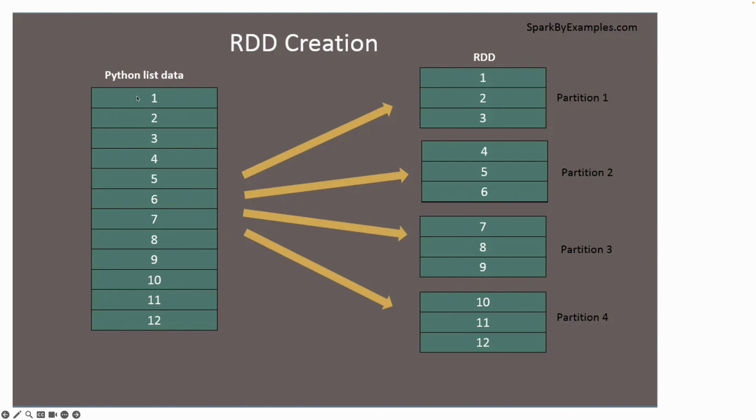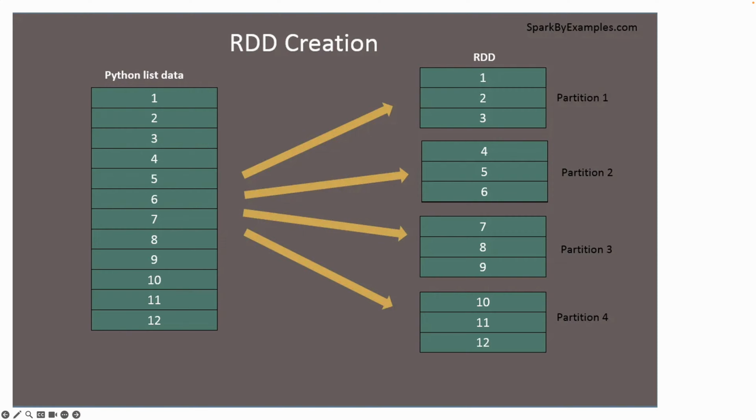Consider the items in this list are unsorted, which means 12 might be here, 2 might be here, it is unordered. Now you want to order it in a sequence of 1, 2, 3, 4, 5, 6, and so forth. If the data is not properly ordered, you might want to shuffle the data, and then the data will have to be moved from one executor to another, which causes data shuffles.